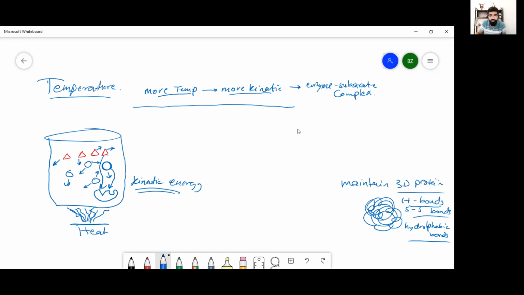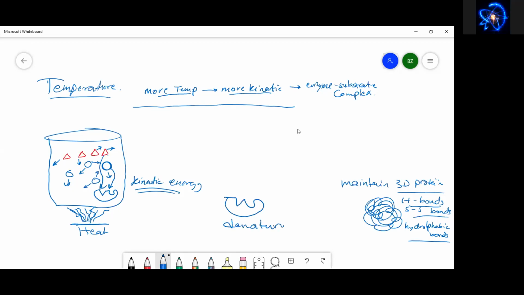Raising temperature in the beginning does not affect the enzyme structure. It increases the kinetic energy and allows binding of substrate on the active sites. But beyond a limit, the enzyme will be denatured.